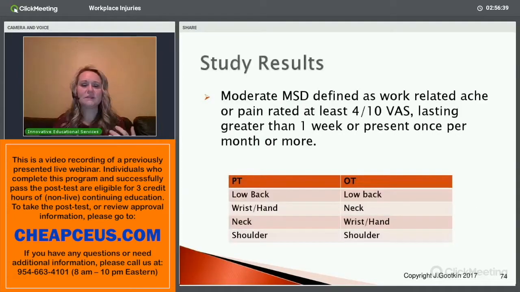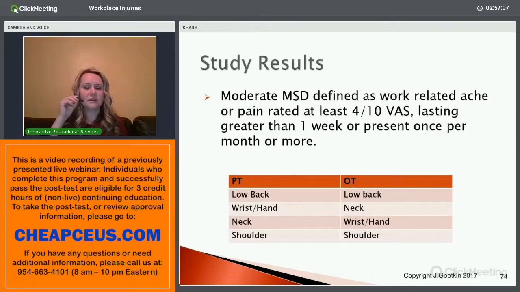What they found in this study is that anytime clinicians reported a moderate musculoskeletal disorder, that meant the ache or pain that resulted in their condition was at least a 4 out of 10 on the visual analog scale, and it either lasted for at least a week, so they had an episode of a week, or once a month they had an exacerbation.